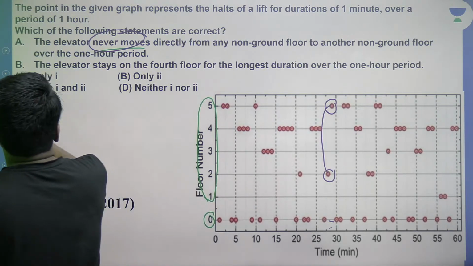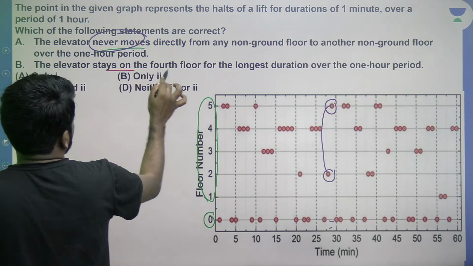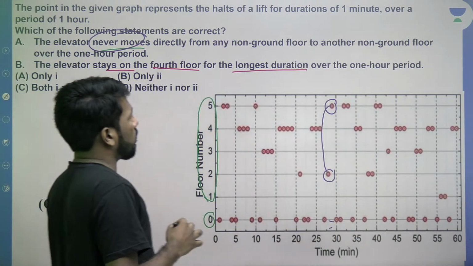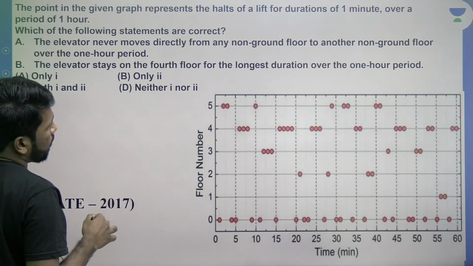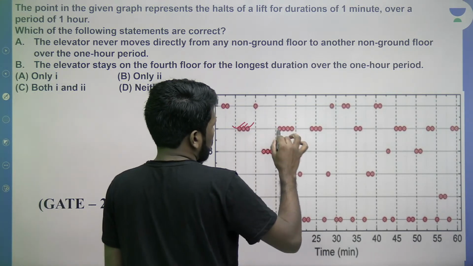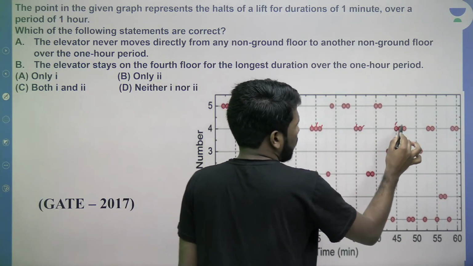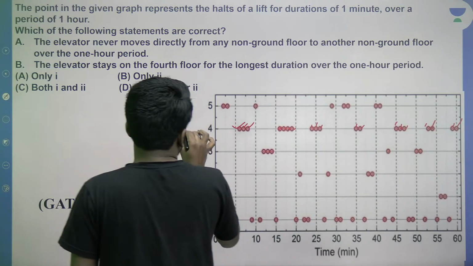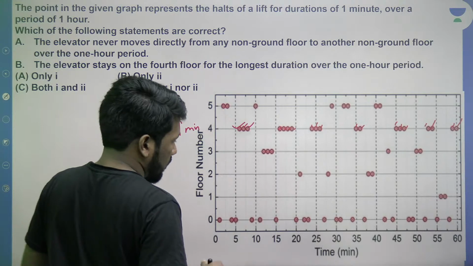Now statement B, we will analyze. The elevator stays on the 4th floor for the longest duration over the 1 hour period. Longest duration means adding all the points on the 4th floor. How many points are there? 1, 2, 3, 4, 5, 6, 7, 8, 9, 10, 11, 12, 13, 14, 15, 16, 17, 18, 19. That means 19 points, 19 minutes it stayed on the 4th floor.